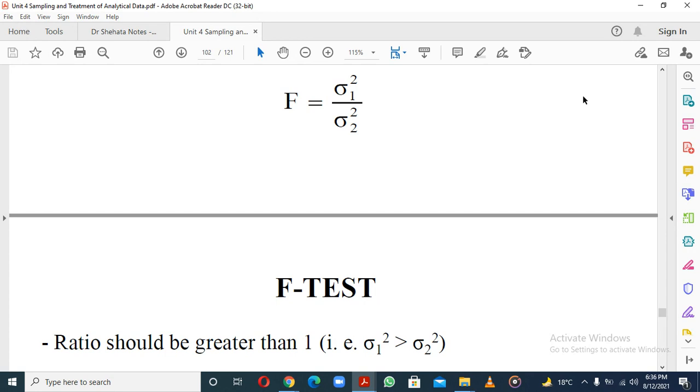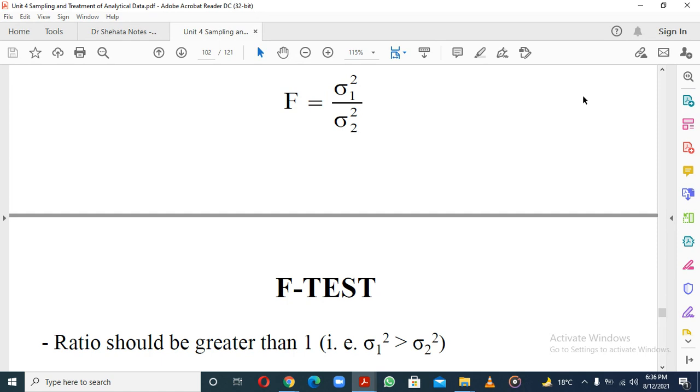When you are given, and this question is in your tutorial sheet, if I'm not mistaken, because I looked at it today, your variances or your standard deviation, if it's a standard deviation you are given, you square it. If you are given variance, then you just look at it the way it is.